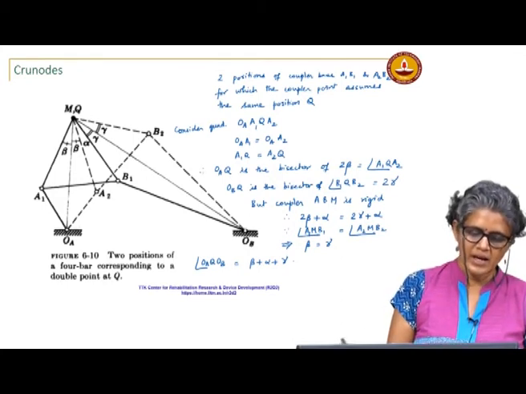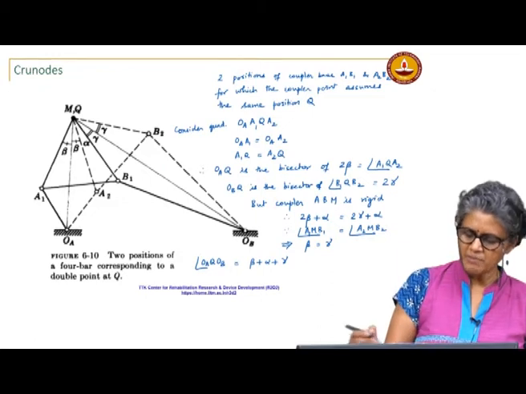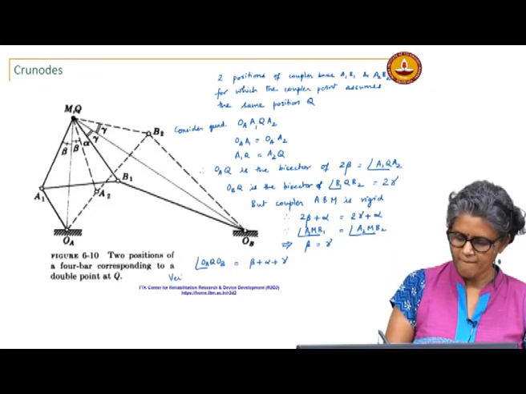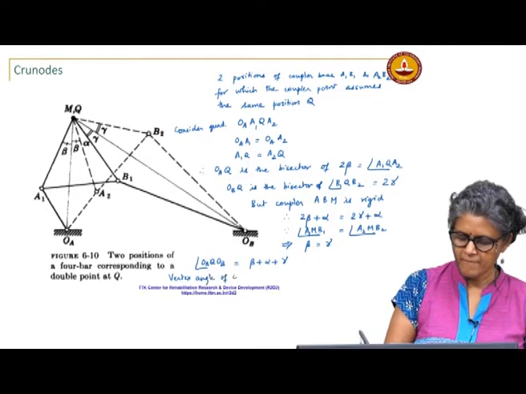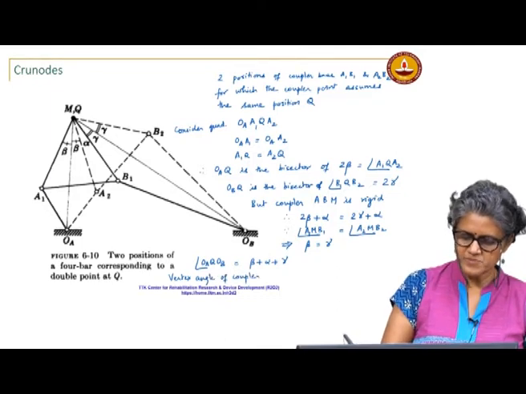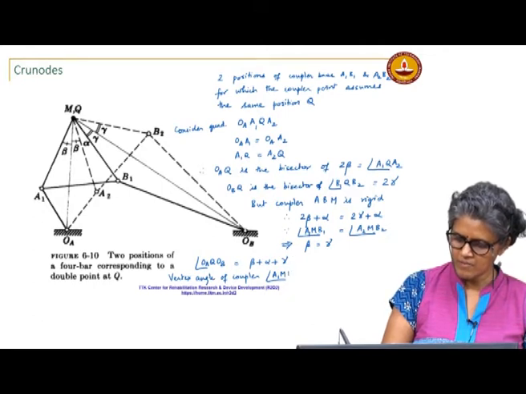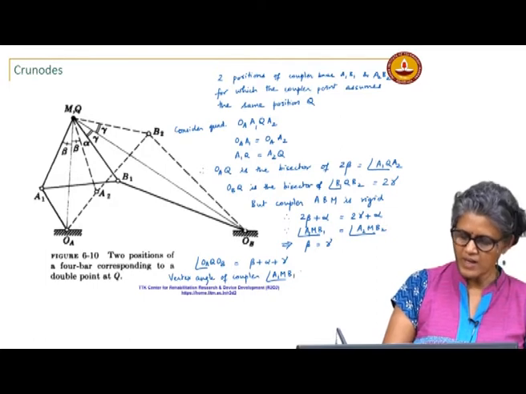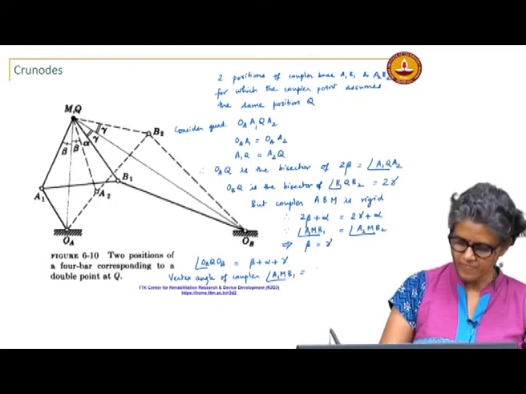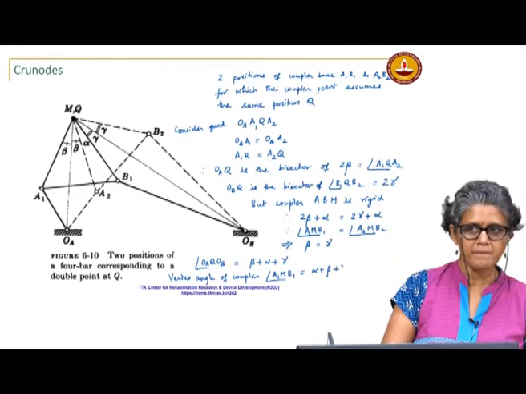And if I look at the vertex angle of the coupler, angle A1 M B1, because beta and gamma are equal, I can also write that as alpha plus beta plus gamma.